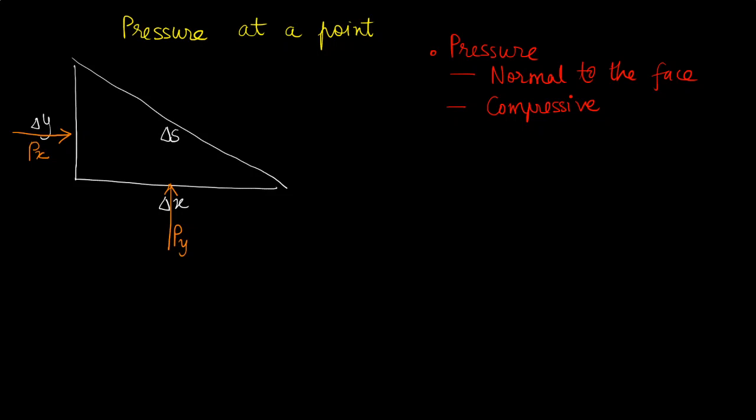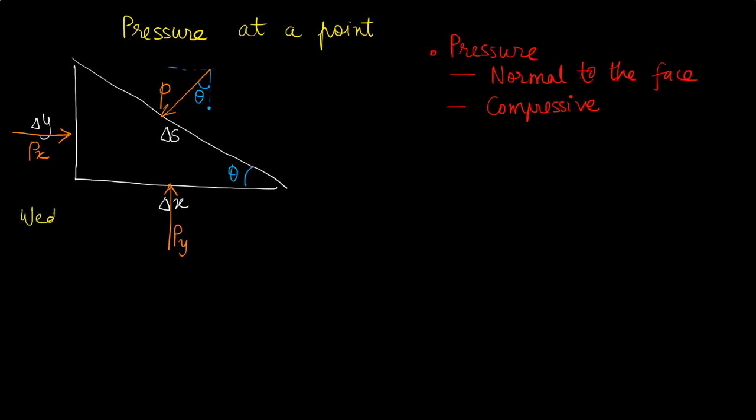Similarly, the pressure on the slant face will be normal to the slant face, and this pressure, let us call it P. If the angle of the wedge is theta, like this, we can write down that this particular angle will also be theta, and we will require this in order to find the components. Let us perform a force balance on this particular wedge, given that the wedge is in equilibrium.